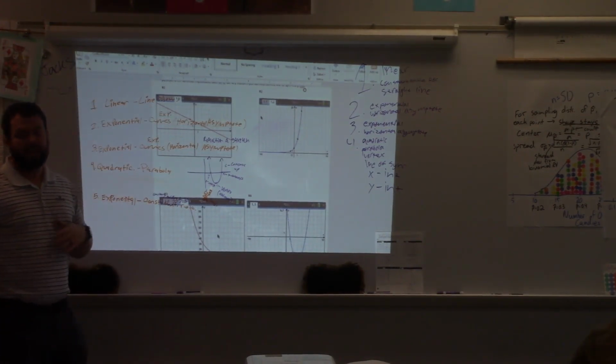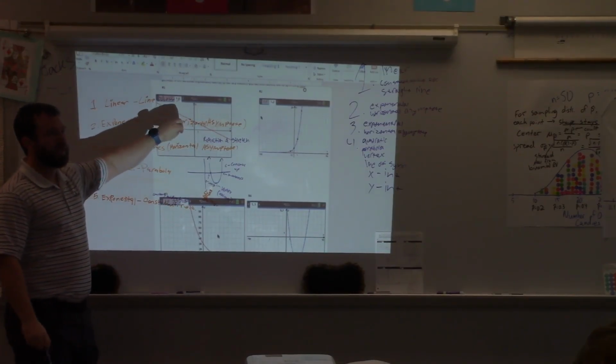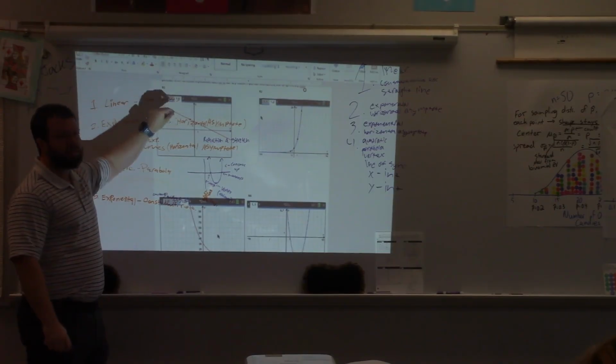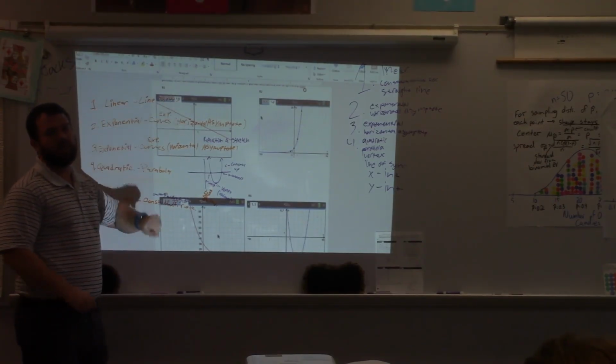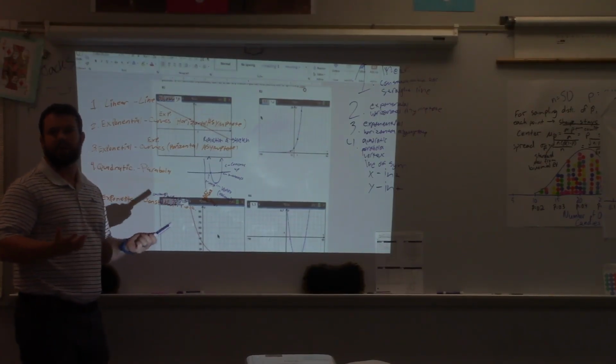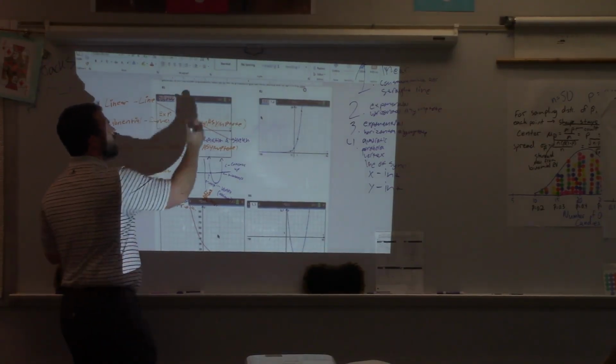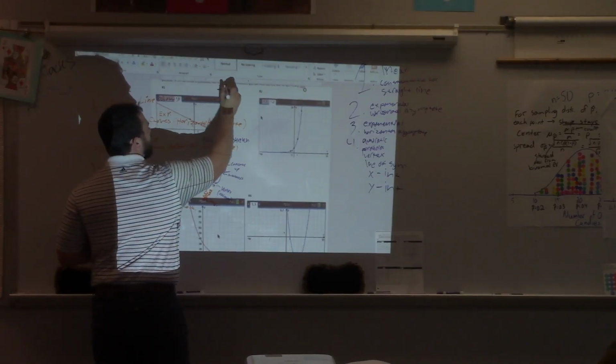Remember, a quadratic has a linear additive rate of change. Here's my point that I need y'all to understand. If you are just looking at that graph, do you know what the rate of change is? So you can't say this is linear because it has a constant additive rate of change. You don't know that.